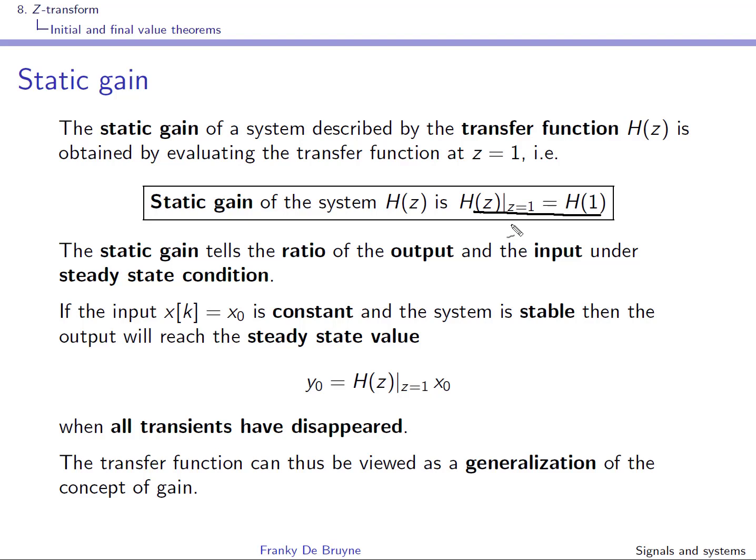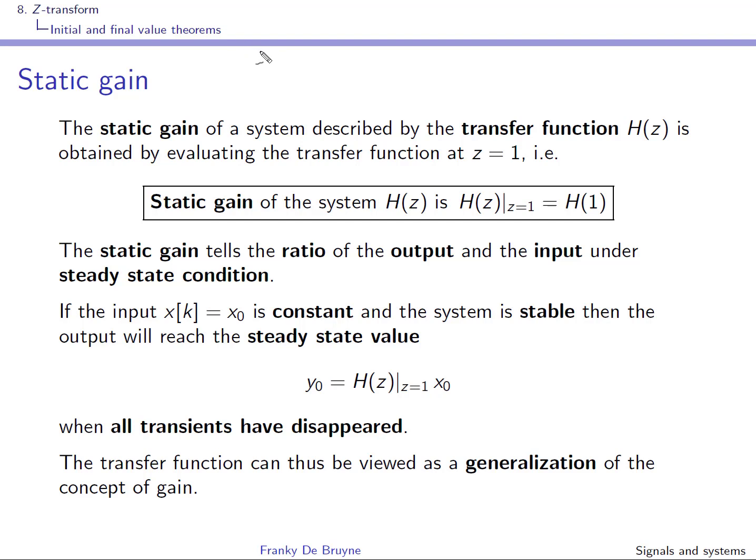So if the input x of k is a constant x0 and the system is stable, then the output will reach the steady state output value, static gain times x0, once all the transients have disappeared. This can be shown quite easily using the final value theorem.